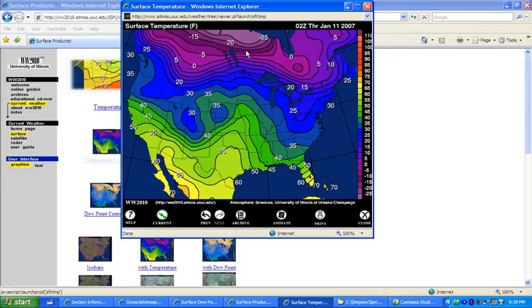You'll also notice lines on here. These are lines of constant temperature. In other words, I'm tracing out the 45-degree line, and these lines are what we call isotherms, lines of equal temperature. That's the definition for you.